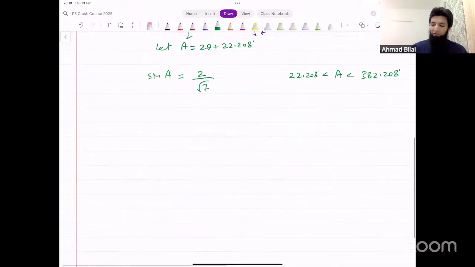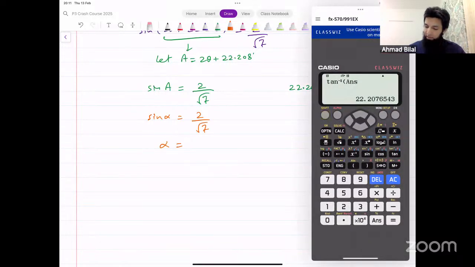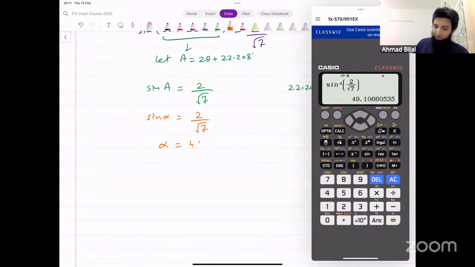We will be looking for values of a within this interval. Let's find the basic angle. Sine alpha equals 2 over square root of 7. What's the basic angle? Sine inverse of 2 divided by square root of 7. That's 49.11 degrees.